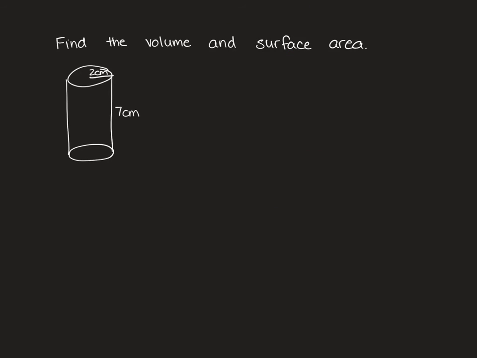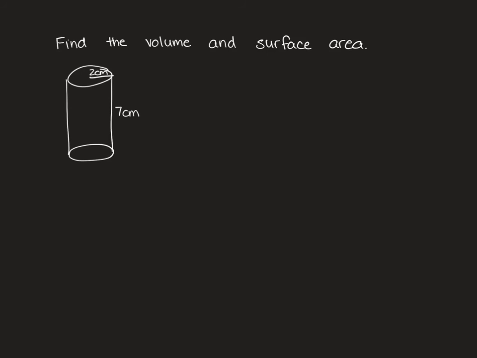So on your worksheet, you are going to get a page that has a whole bunch of cylinders on it. The instruction for every question is to calculate the volume and the surface area, okay? So one side says surface area, the other says volume.